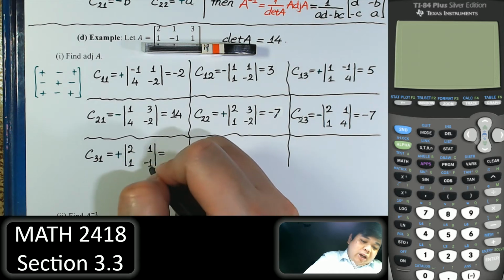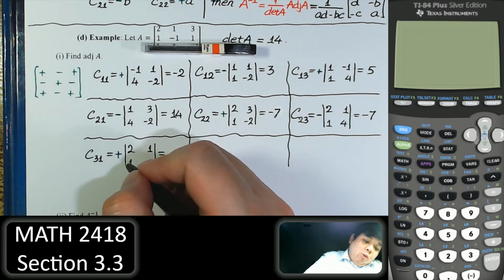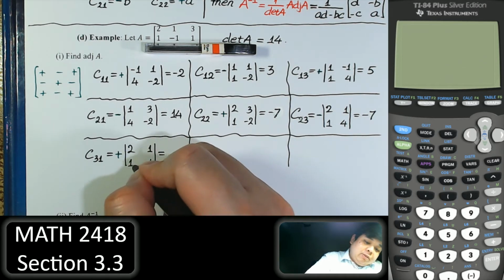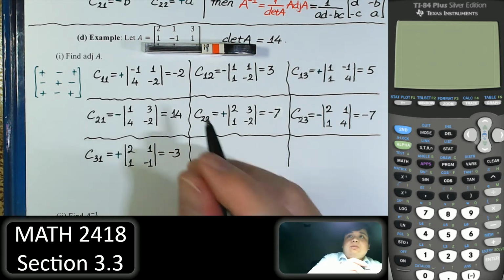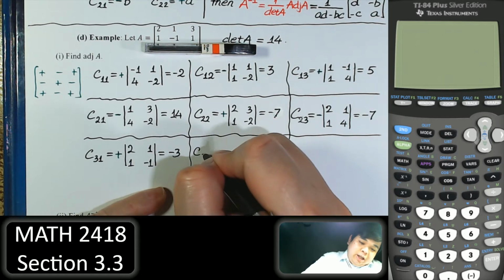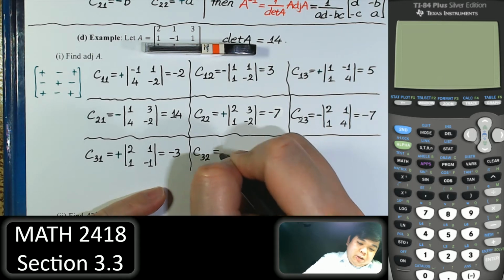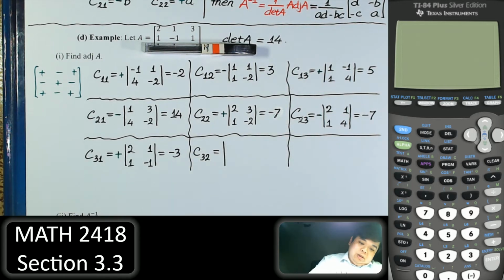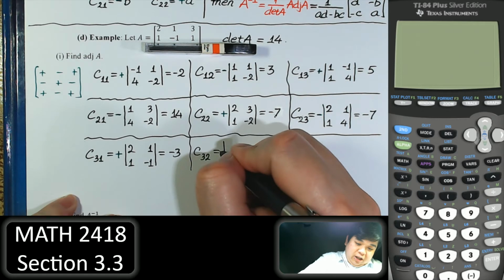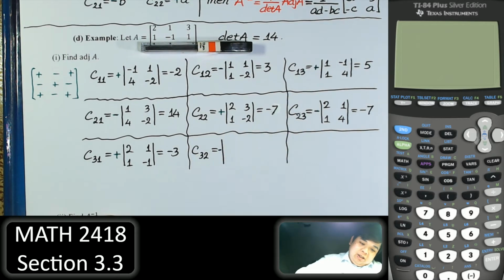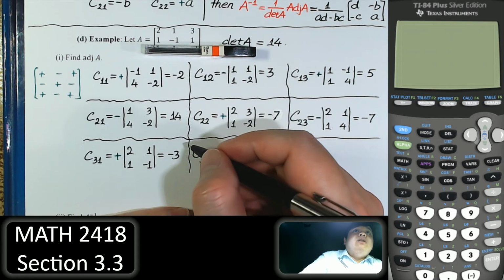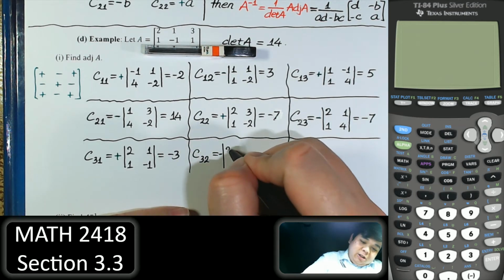So negative 2, negative 1, so negative 3. And C32 stands on the negative sign. And we have 2, 3, 1, 1.